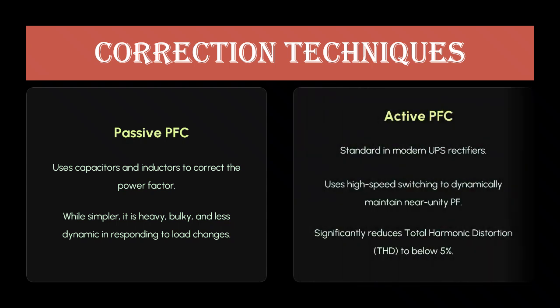Active PFC, on the other hand, is the gold standard for modern data center equipment. It dynamically adjusts to load changes, providing the near unity PF we discussed and, crucially, keeping harmonic distortion extremely low, typically below 5%.